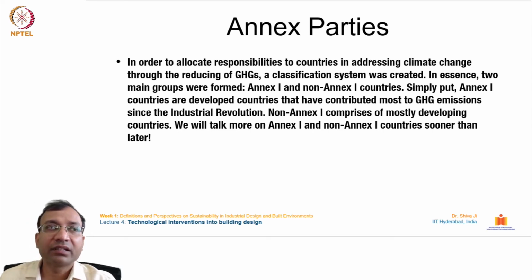In essence, two main groups were formed: Annex 1 and non-Annex 1 countries. Simply put, Annex 1 countries are developed countries that have contributed most to GHG emissions since the Industrial Revolution. Non-Annex 1 comprises mostly developing countries. We will talk more on Annex 1 and non-Annex 1 countries soon.